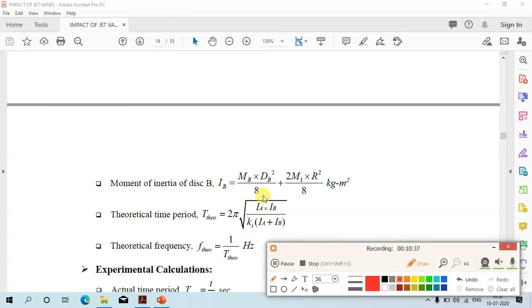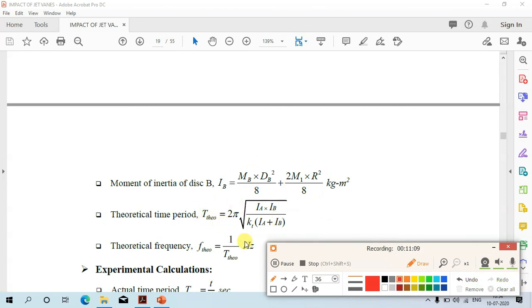If you consider only disk B, its mass moment of inertia will be only this much. But we have attached the cross arm with disk B, so this additional moment of inertia will be added to the mass moment of inertia of disk B.